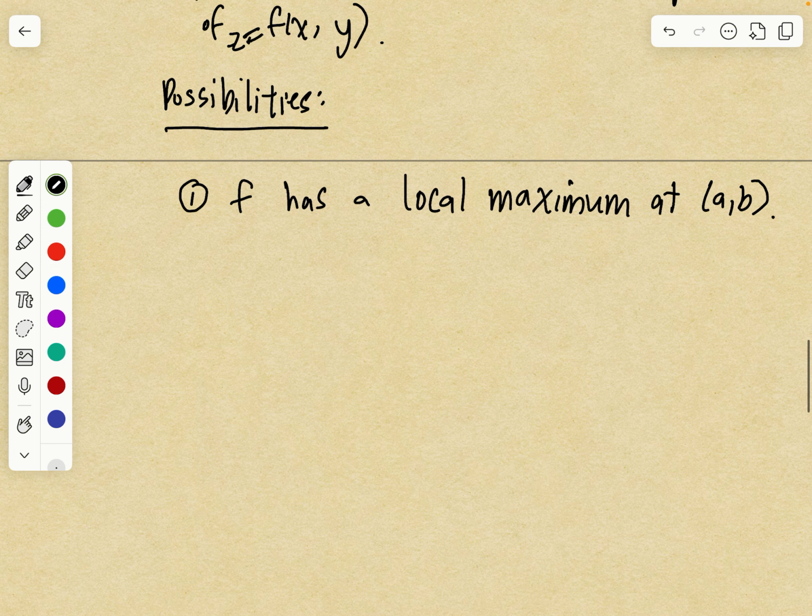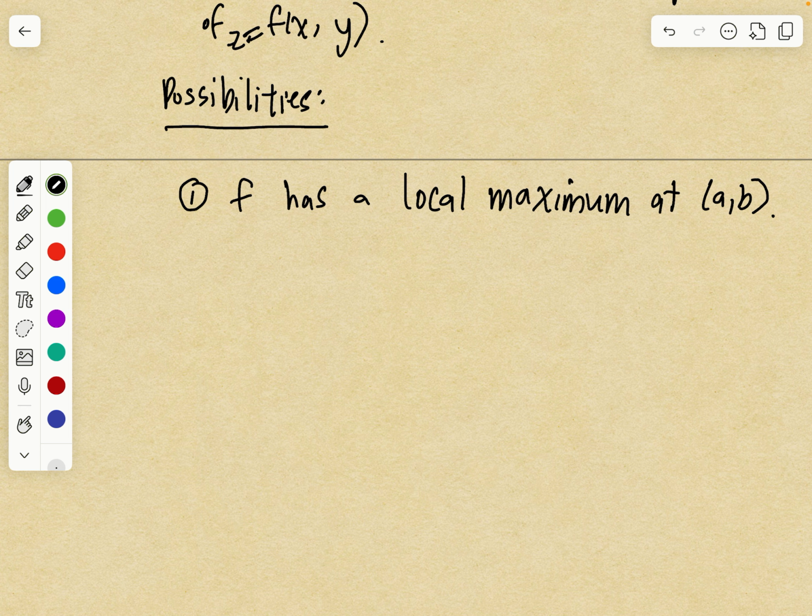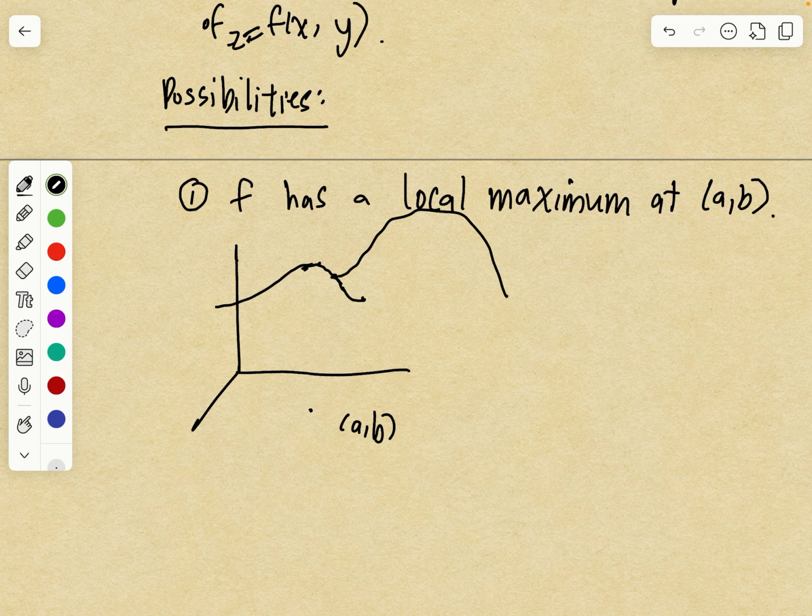So you could have something like, I don't know how to draw this, but maybe this is your point a comma b, and your function is going to look something like this, except this is a function of two variables, so maybe it's like that.